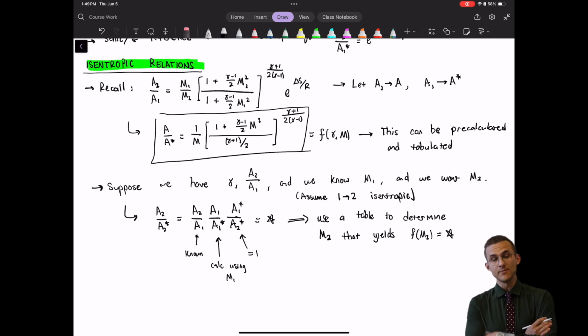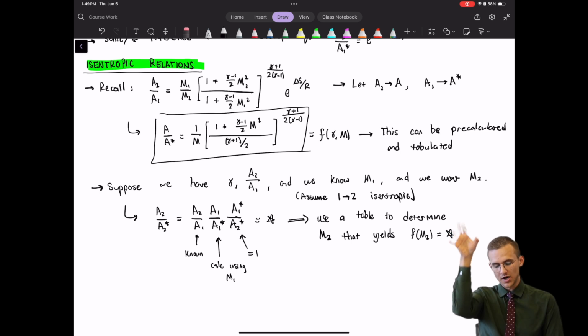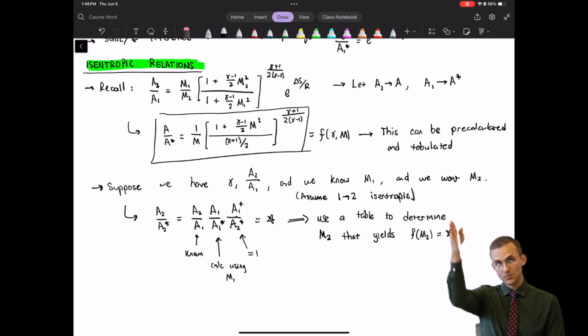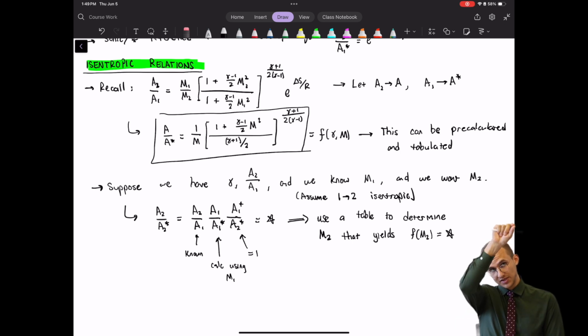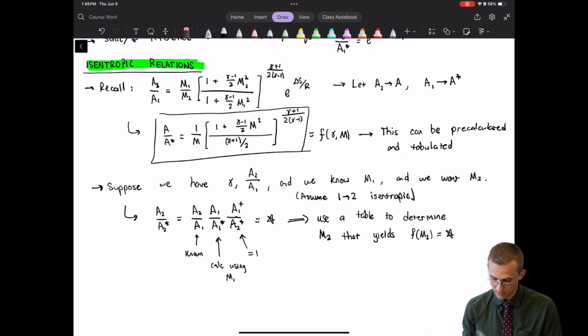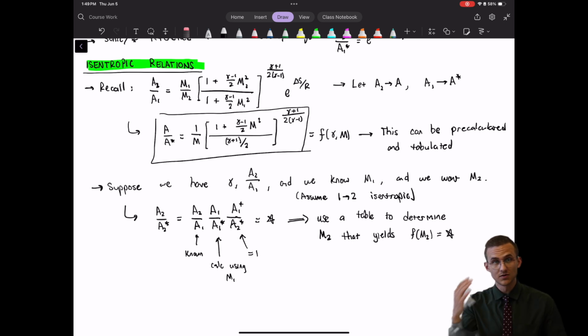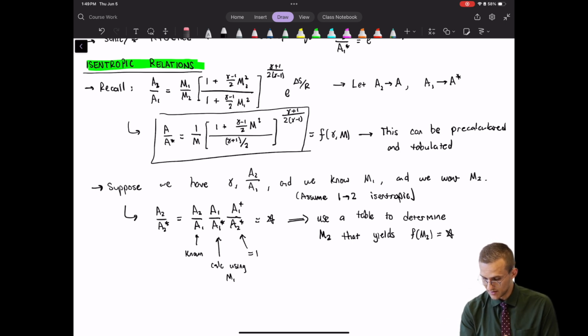So you'll have a table with a bunch of entries from a Mach number on the left, and then one of the columns will be this area Mach relation A over A star. And then you'll search for the value that you just calculated in that column and look over and pick the Mach number that corresponds to that value. And that would be M2 in this case. And that sort of process you're going to do over and over when you're doing the problems in this class.